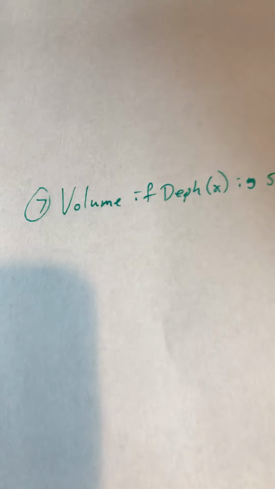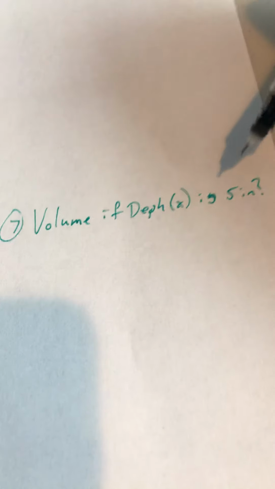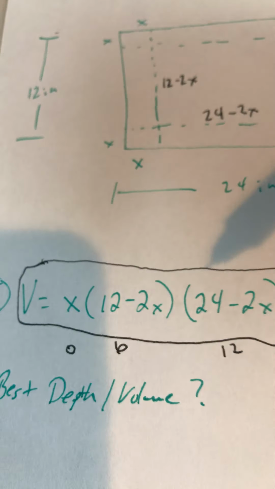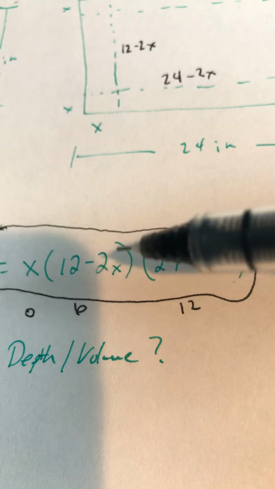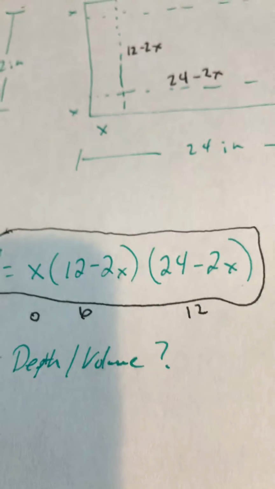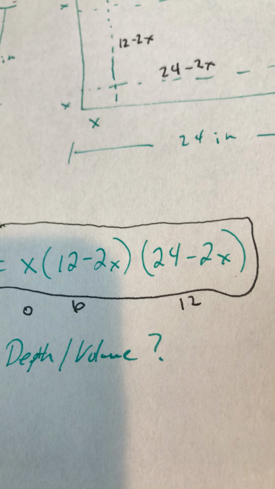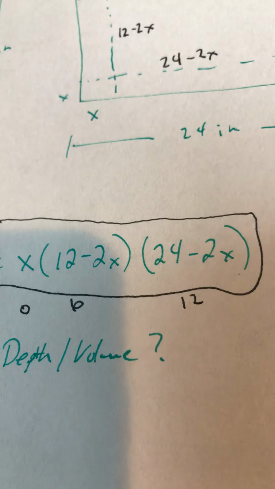And then 7, what was the volume if the depth is 5 inches? Now we're just going to go ahead and plug 5 into our volume equation for x. So it's 5 times, if you plug 5 in, you're going to get 10. So 12 minus 10 gives me the 2. And then same thing here.